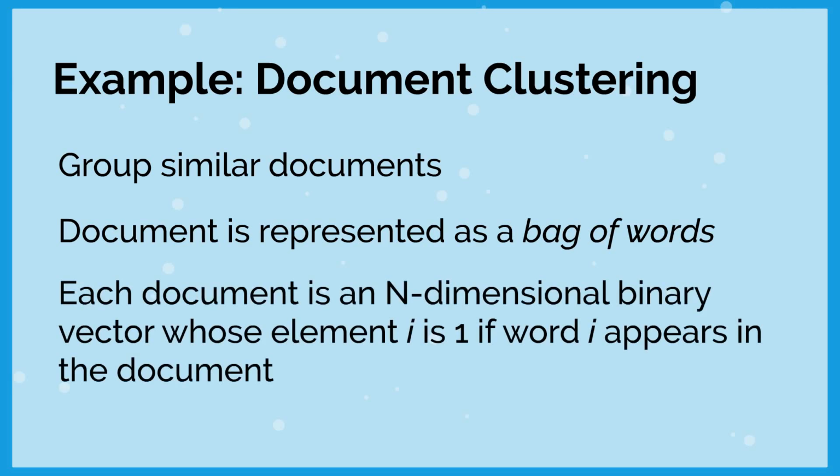And once we have that bag of words, that bag of words would be used as an n-dimensional input. It would be a vector whose element i is 1 if word i appears in the document or 0 if not. And then we can cluster these documents into similar types of documents.